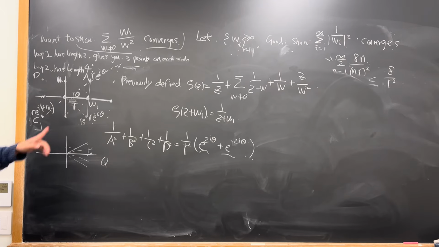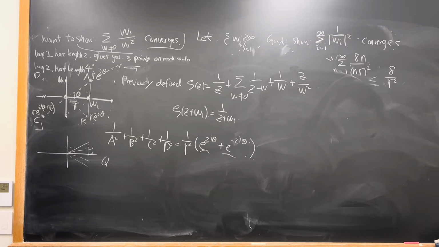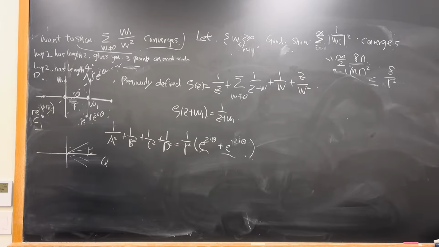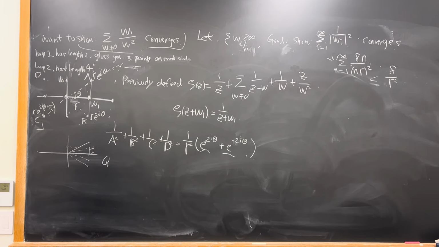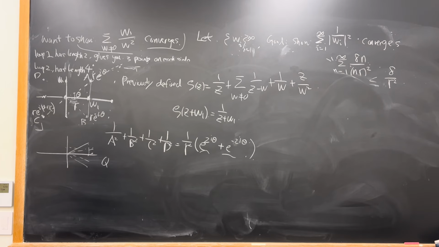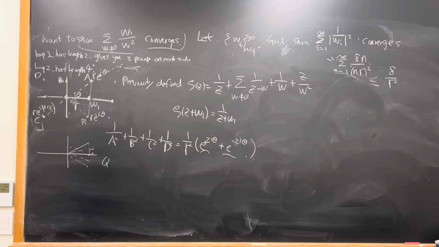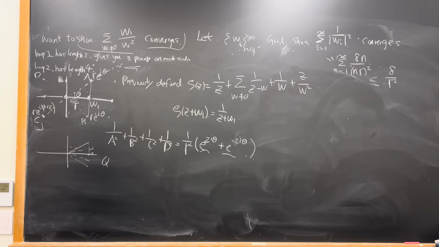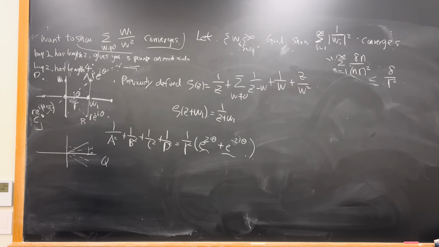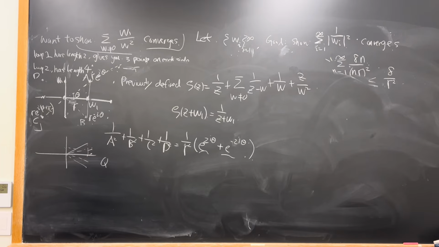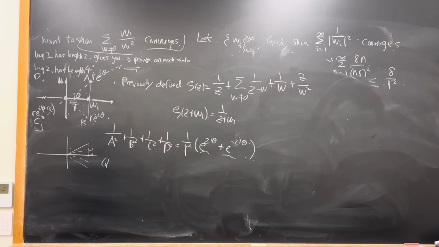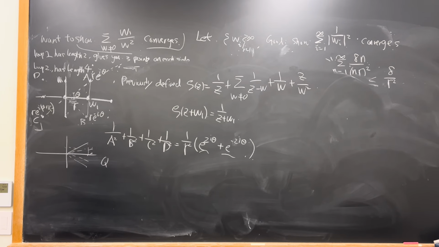I think in this case, if the theta is like 45 degrees, then the 2 theta is exactly i, and then the negative 2 theta is negative i, so they cancel out.